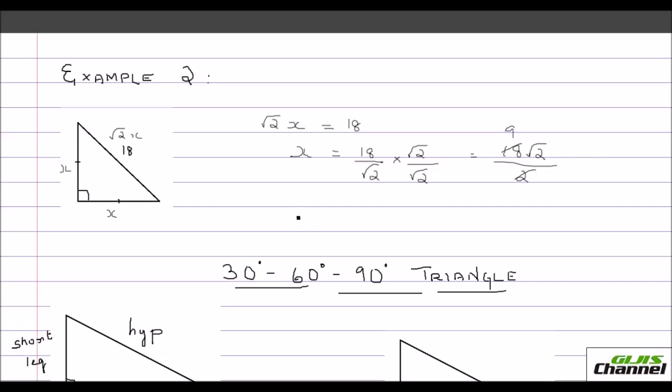So you get x as 9 root 2. So here the two short sides are 9 root 2 and 9 root 2. Did you get that? So this is all about the isosceles right triangle.